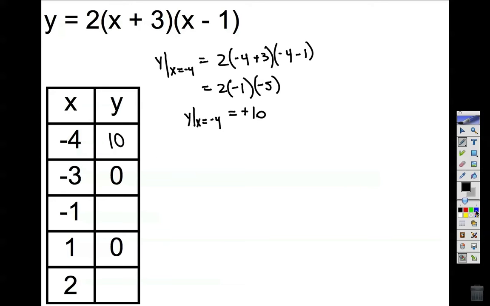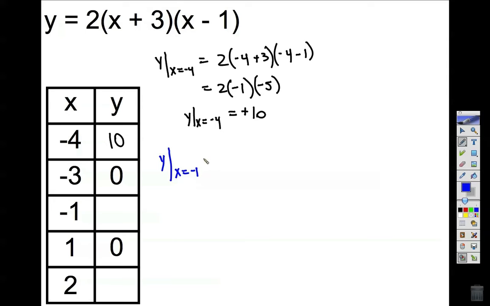What is the y value when x is -1? Alright, you try that out. I'm going to give you a couple of seconds before you try that out. Just go ahead and pause.